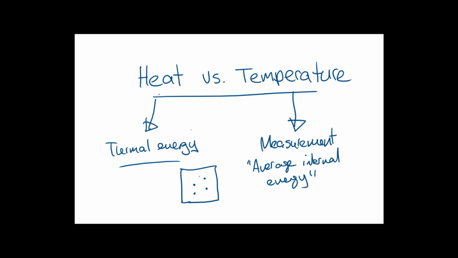So say we have a really simplified container. The velocity and the energy in which these particles are bouncing off the wall and hitting each other is what really energy and temperature and heat is.